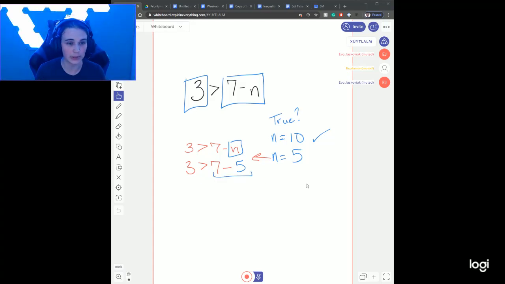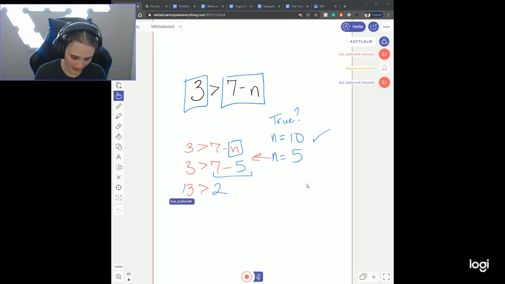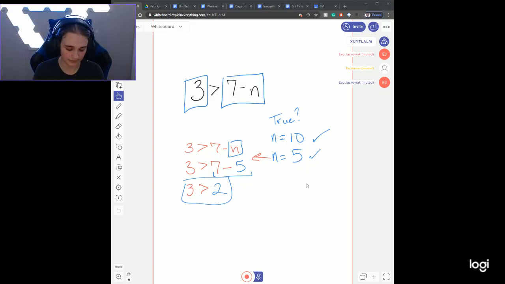You solve. Let's do our subtraction. And you end up with 3 is greater than 7 minus 5 equals 2. 3 is greater than 2. Last time I checked, that was true. So we're all good. 3 is greater than 2, so yeah, n could be equal to 5.